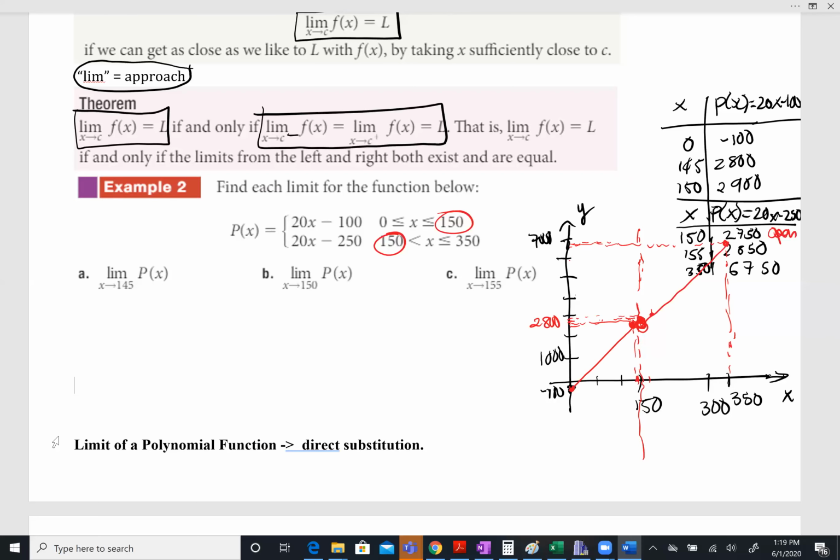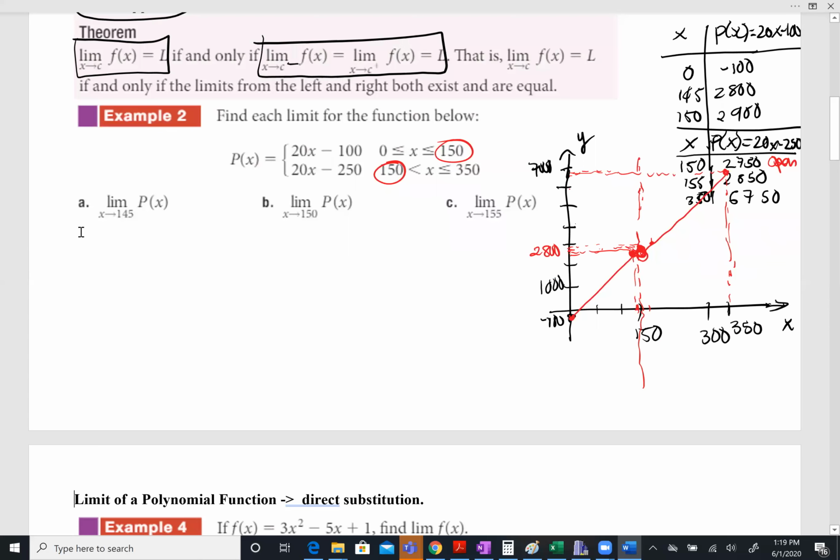Okay, so for problem A, you see that they want you to find the limit of p(x) when x goes to 145. In here, 145 is not a changing point.